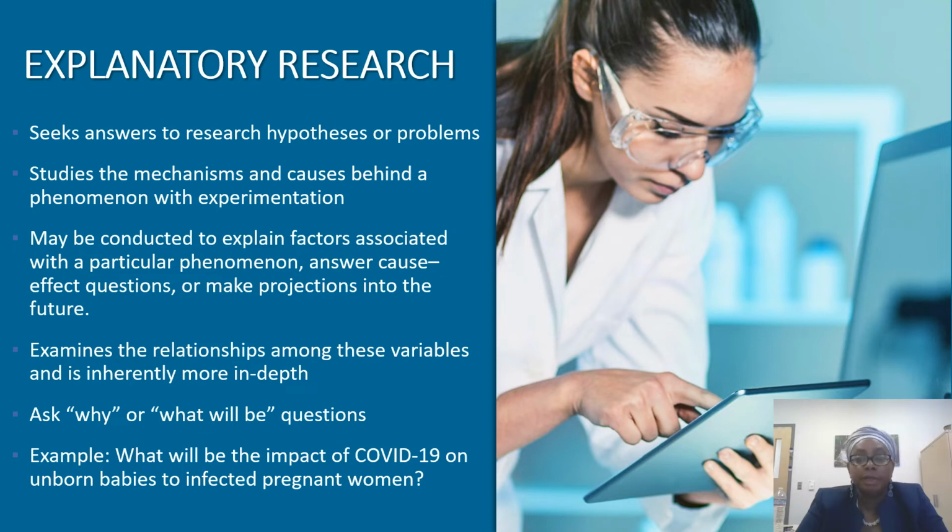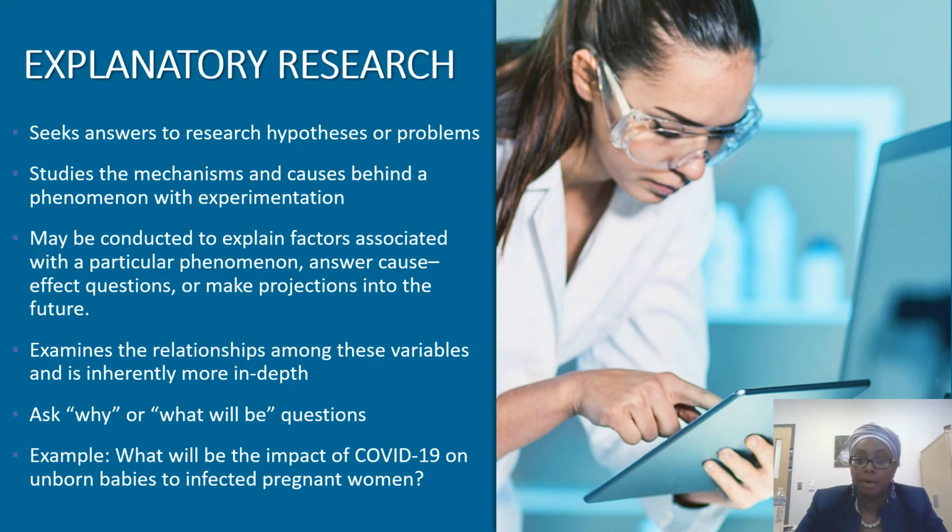But now we're digging deep into a very specific phenomenon, and we're trying to determine a causal relationship here, in which case we're trying to figure out how COVID-19 would affect some unborn children when a mother is pregnant with them and is exposed or actually infected by this disease state. So I hope that gives you a deeper understanding of the different layers or purposes behind why we do public health or public services research.